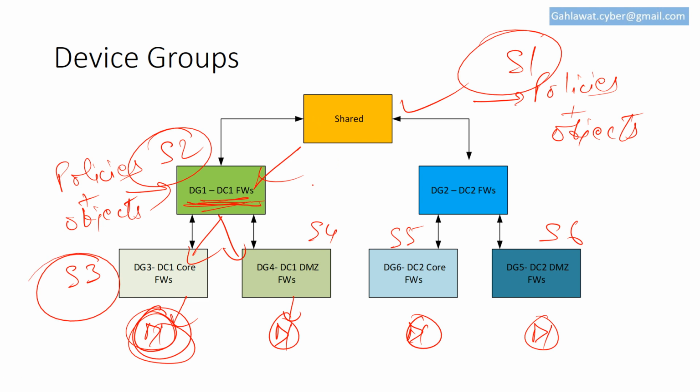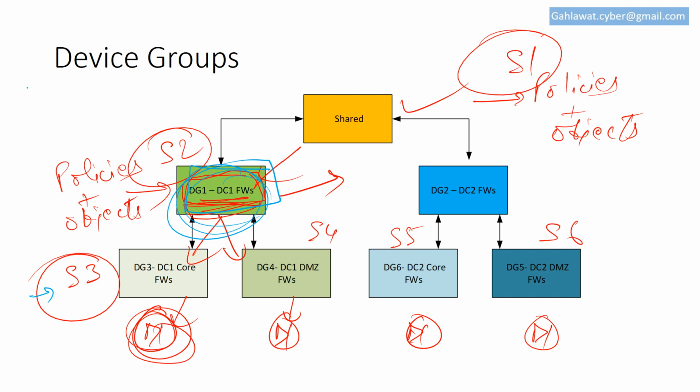If the admin intentionally or by mistake mapped a firewall to this device group over here, then the policies or objects as part of this S3 will not be applied at this layer.